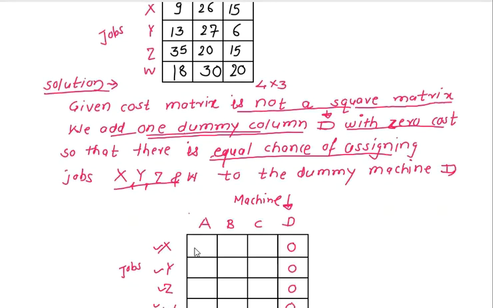First row 9, 26, 15 and 0 is the cost in dummy column. Second row 13, 27, 6 and 0 is the cost in dummy column. Cost of assigning job Y to the dummy machine D. 35, 20, 15 and 0.